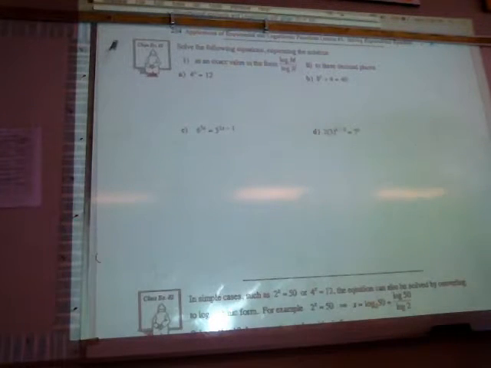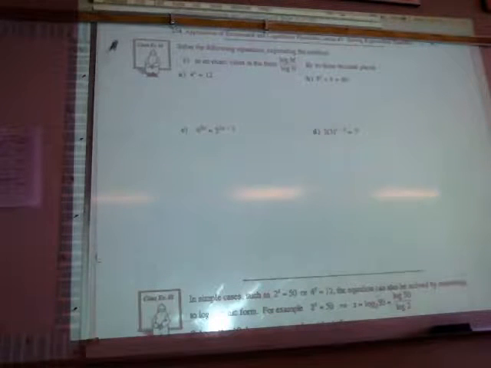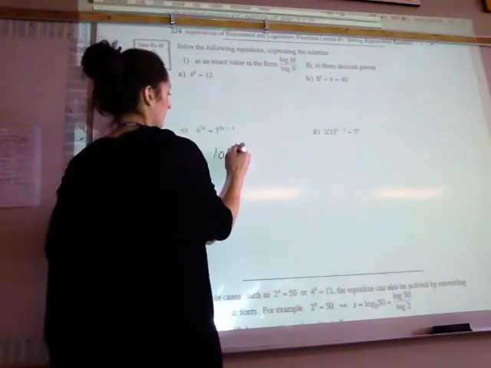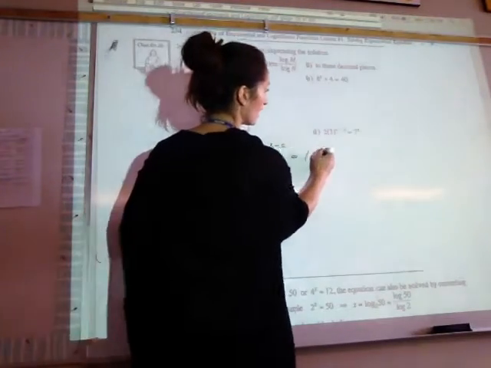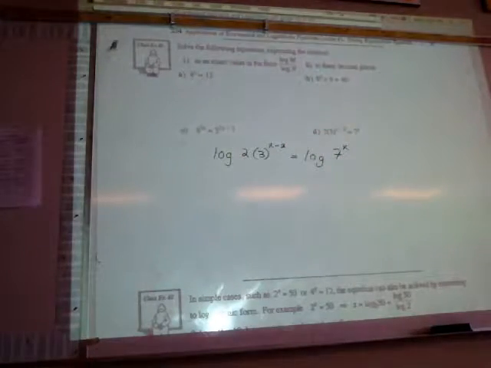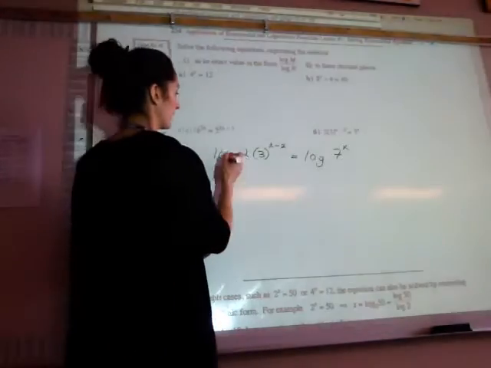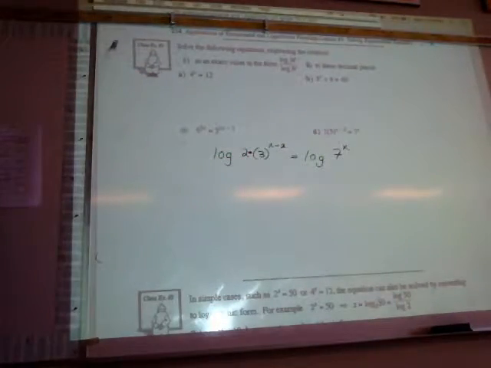So what have I done to every single equation to solve for x when it's in the exponent and there isn't a common base? What have I applied to both sides? Log. Good. So I have log of 2 times 3 to the power of x minus 2 equals log 7 to the power of x. Now, before I apply the power law, I want you to recognize that the argument is actually 2 times 3 to the power of x minus 2.